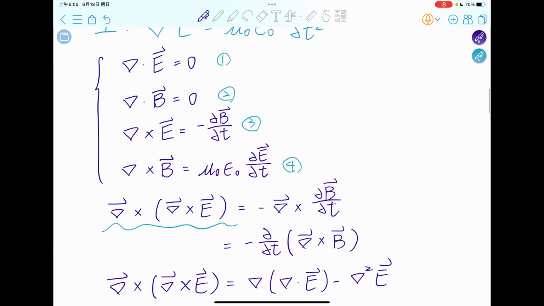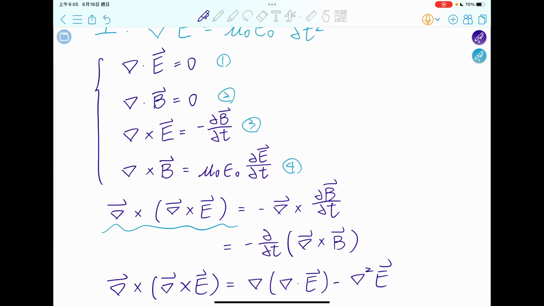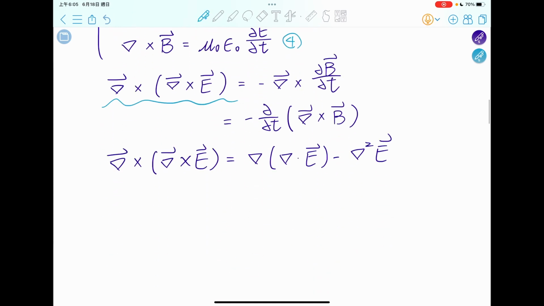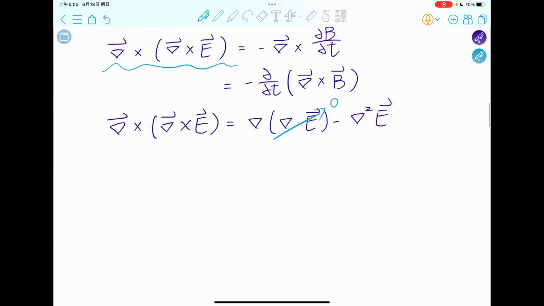And from the first equation here, we know that this term is equal to 0.